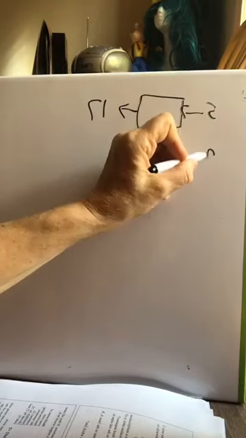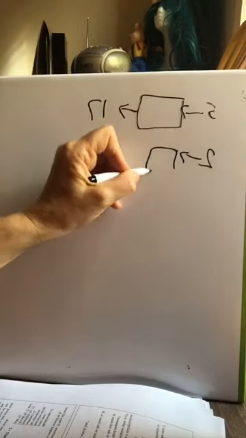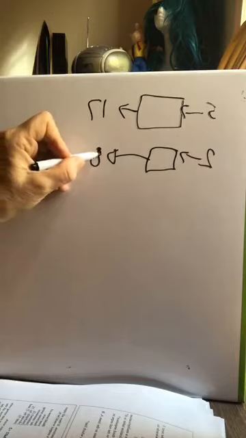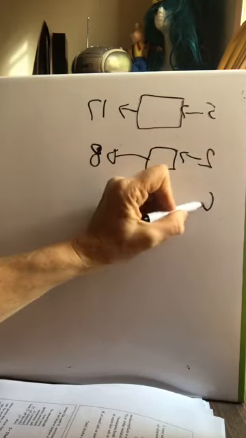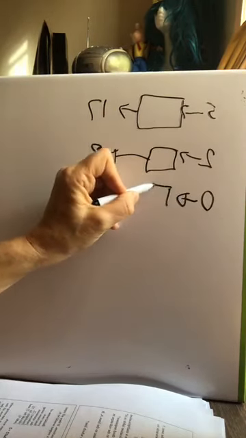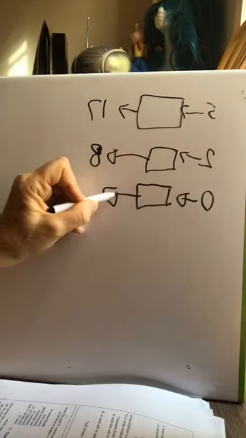Number 2, that's nice and easy. Put it into my function box, and my function comes out with 8. Okay, number 0. If I put in 0, my function box produces 2.